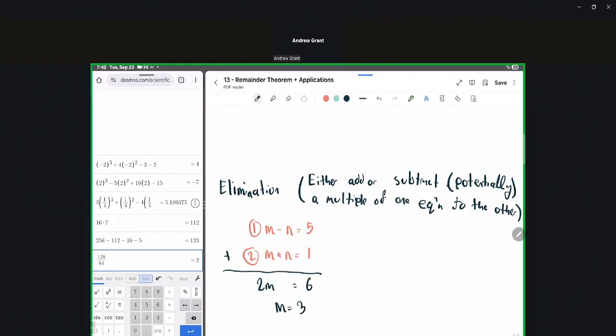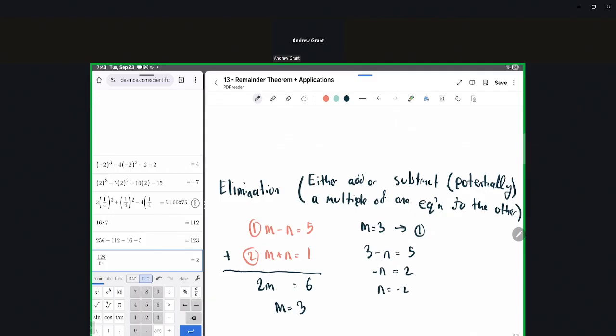Afterwards, I can insert m equals 3 into one of my equations, let's say equation 1. So this will be 3 minus n is equal to 5, minus 3 from both sides. Negative n will be equal to 2, and then n will be equal to negative 2.